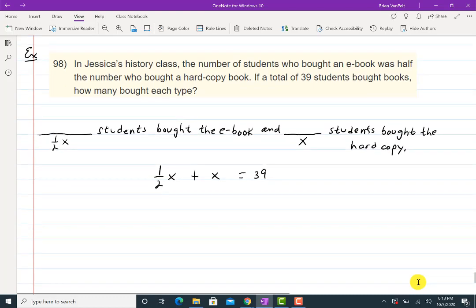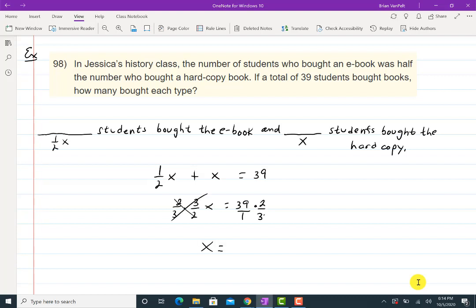Now, this may or may not be difficult for you, but I am just going to add the x's together, and you take a moment to see if you can get the 3/2 like I do. To solve this, I will multiply both sides by 2/3, so that everything cancels on the left.